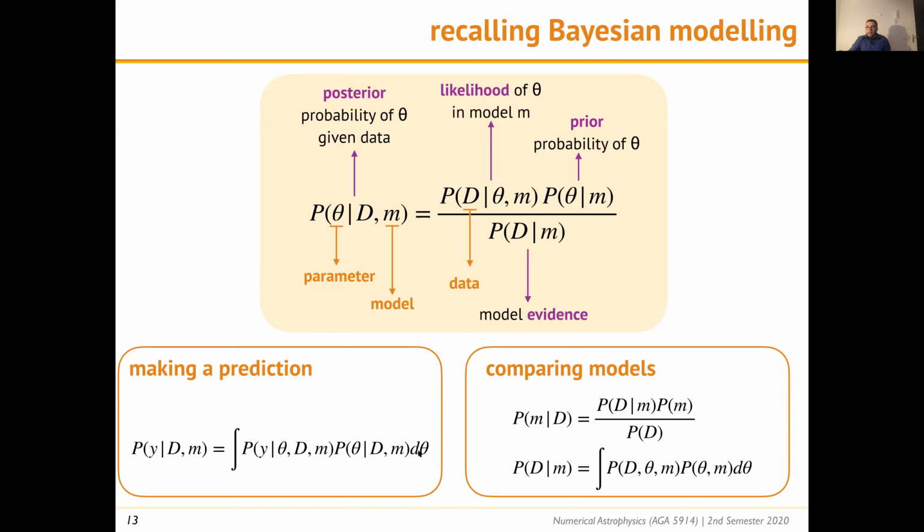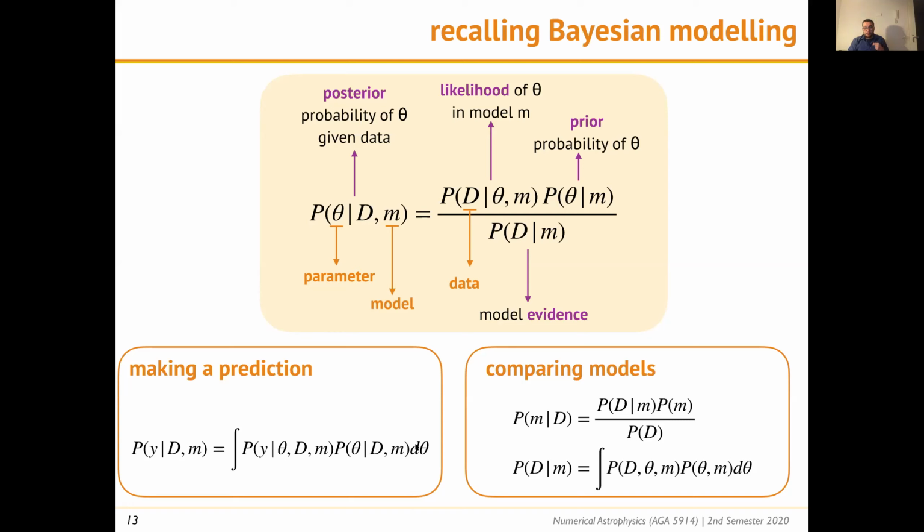However, keep in mind that by making this prediction within a given model, of course, you see that M is present in all the terms. So it's for a given model and a given data set. But when you do this, you should notice that within this Bayesian framework, there is the issue of the prior again.